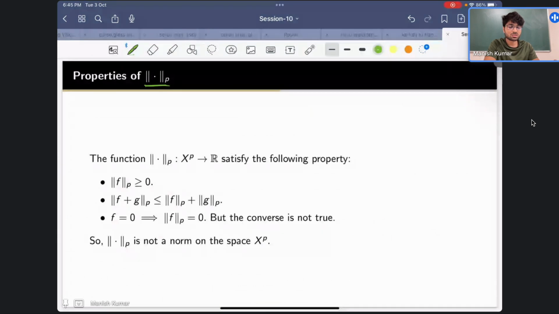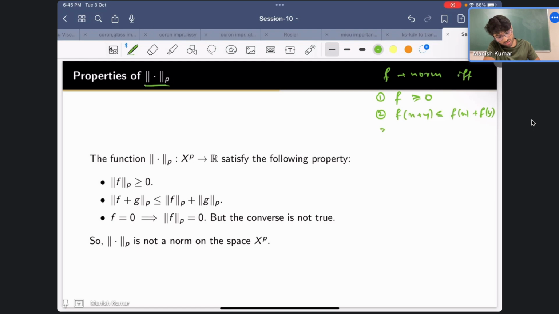And the third one is that f is a norm if and only if the first property is that f should be greater than or equal to 0. Second, f of x plus y should be less than or equal to f of x plus f of y. And the third is that f of x is equal to 0 if and only if x is 0. Then we say that this function f is a norm.